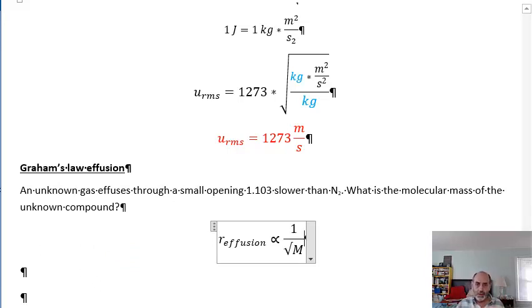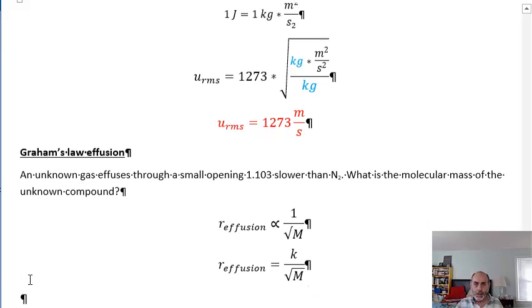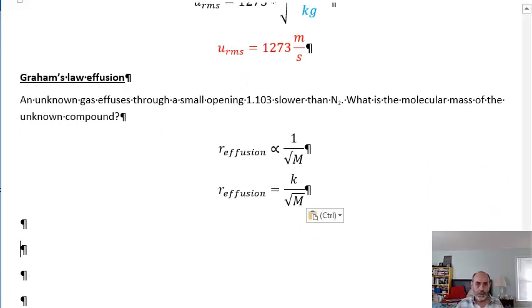This symbol right here just stands for it's proportional, and we can replace that with an equal sign if we put in a constant k, like that. And now we're ready to actually figure out the answer to this.